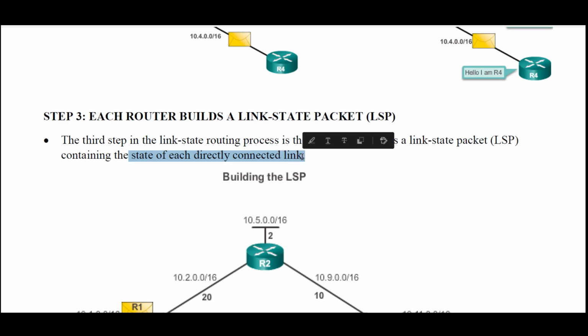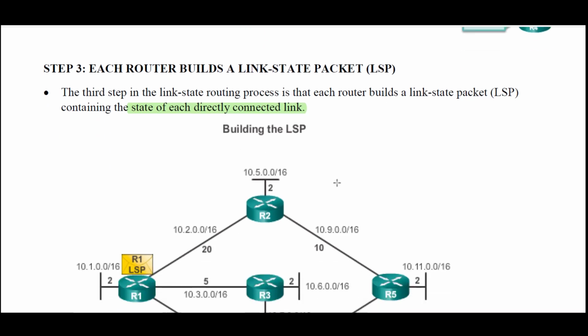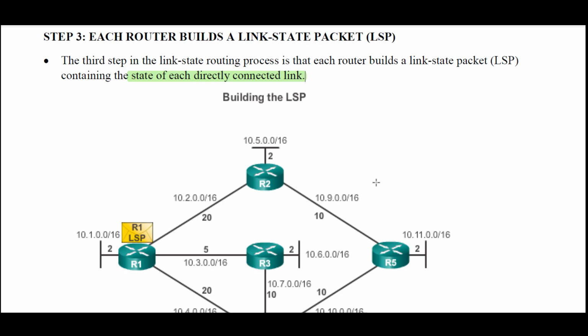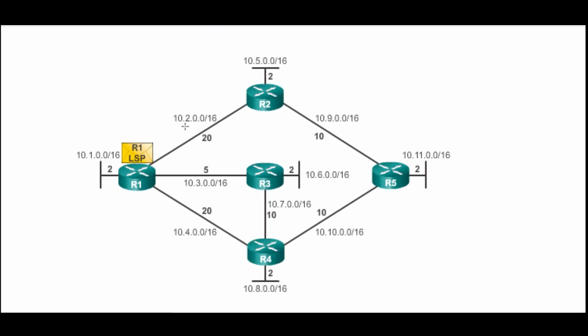Now the next very important point: what is available inside this LSP? Everybody is going to construct an LSP. This is step number 3. The LSP is going to contain the state of the directly connected link. State means whether it is on or off, plus some more information.